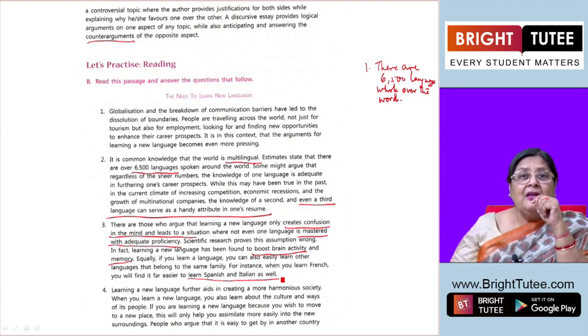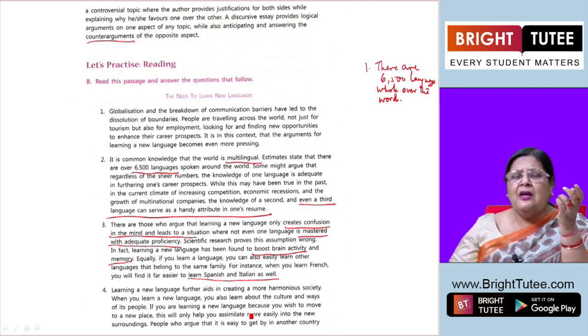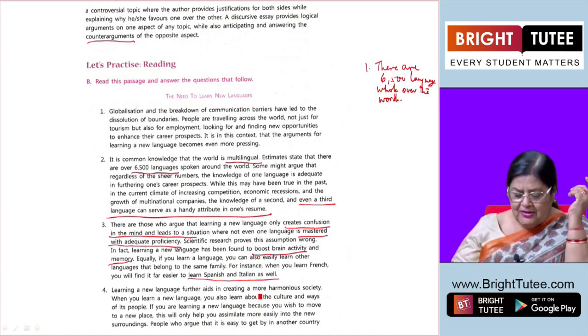While you go there by flight, you will see that first they will speak in English, then they will speak in Spanish, because America is dominated by Spanish people. Once you learn French, you are able to learn Italian as well as Spanish.